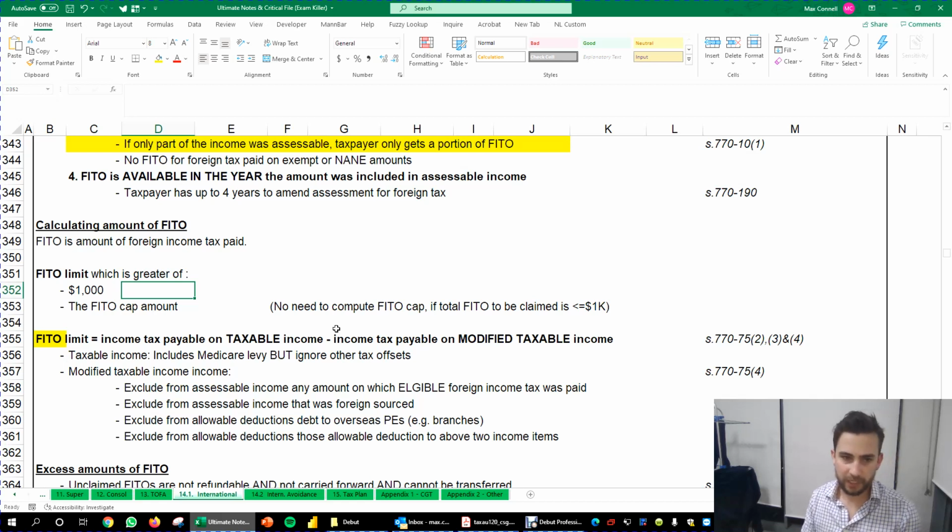So modified taxable income basically is all of the above, but it excludes assessable income on which eligible foreign income tax was paid. It excludes assessable income from foreign sources. It excludes allowable deductions. So basically you're only calculating your Australian sourced income and looking at the tax on that versus your tax payable on your total taxable income. And that's basically your FITO limit.